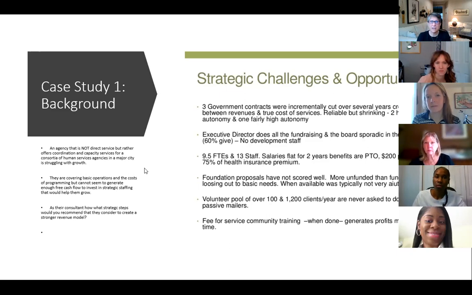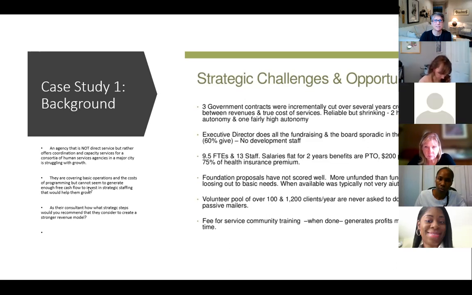Well, and they're not. It says, on the little bullet points on the left side, the agency is not direct service, but offers coordination and capacity services with human service agencies. So those 1,200 clients per year are those organizations that they're working with, or individuals at agencies?